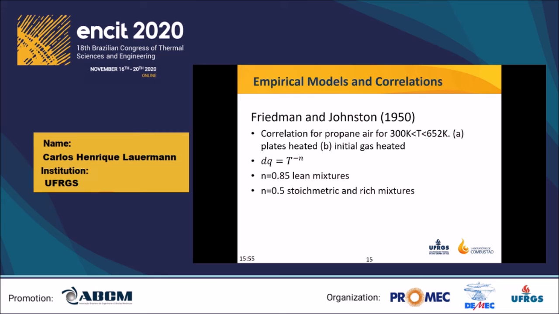In the first moment he used heated plates, and in the second moment the initial gas was heated. In his correlation he used a power law, in which the quench distance is related to temperature by an exponent, which is 0.85 for lean mixtures, and 0.5 for stoichiometric and rich mixtures.